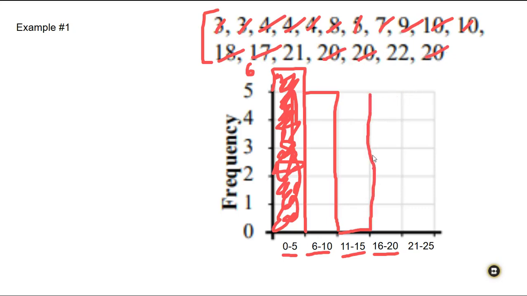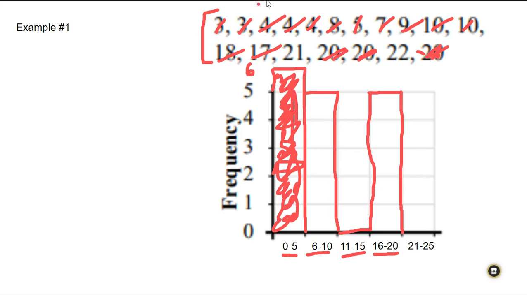Also notice that when I was counting my numbers from my data set, you have to be mindful to make sure that you're looking at all of the numbers, because what you see here is 20, 20, and then 20 over here. Our data is not always going to be listed in chronological order, meaning it's not always going to go from the least to the biggest, or from the biggest to the smallest.